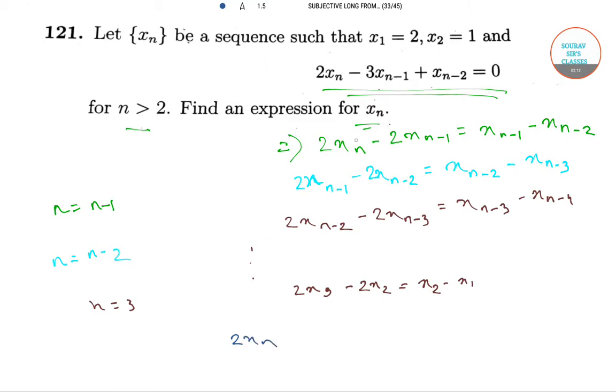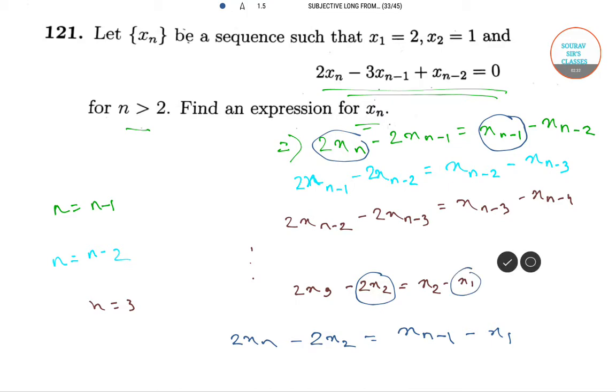2xn, from the first term of the first equation, minus 2x2, that is the second term of the last equation, is equal to x(n-1), the first term of the right hand side of the first equation, minus x1.